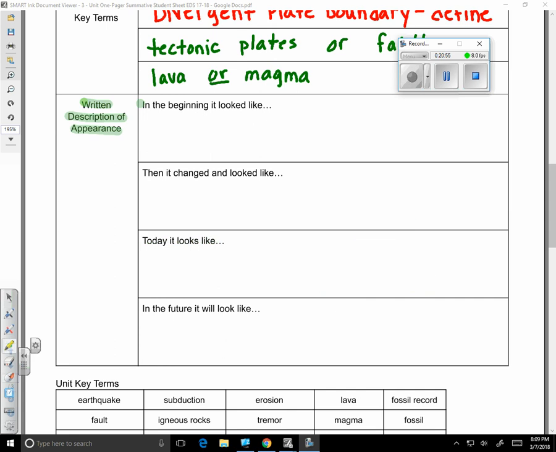So in the future it will look like. So in the future it's going to have an even larger rift valley because these plates over time are still separating. They're still going opposite directions. The magma is still coming up. The magma is still hitting water and cooling down and creating new land. It's creating this rift valley.